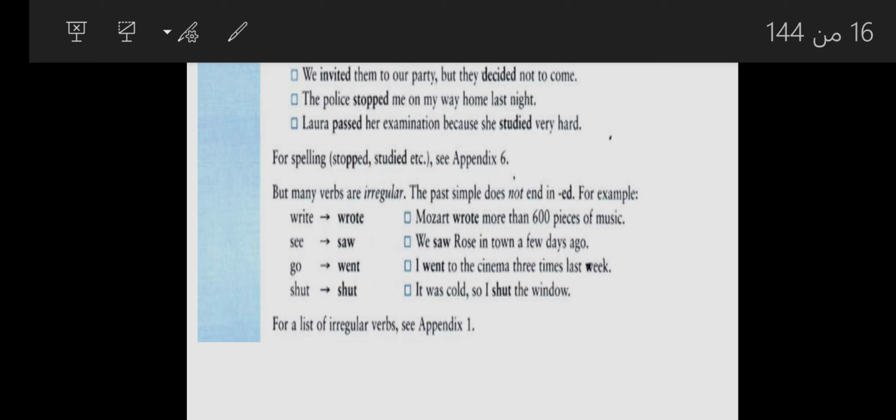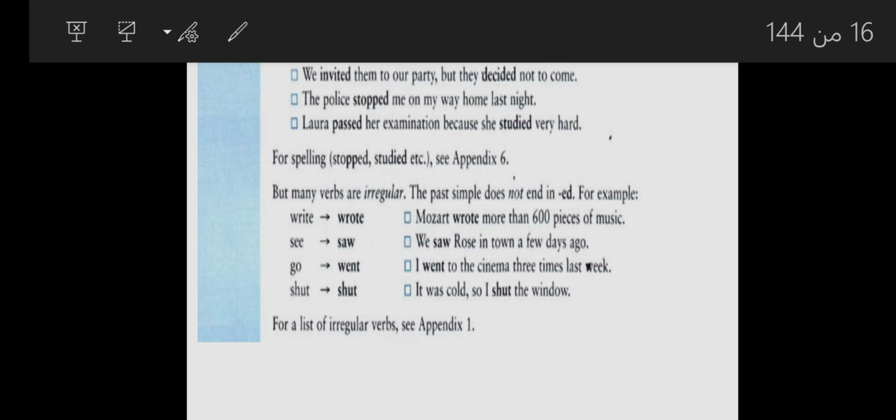We add d only. In the case of stop, the verb stop is a one syllable verb. If you clap your hands like this, then that means it is one syllable, formed of consonant, vowel, consonant.